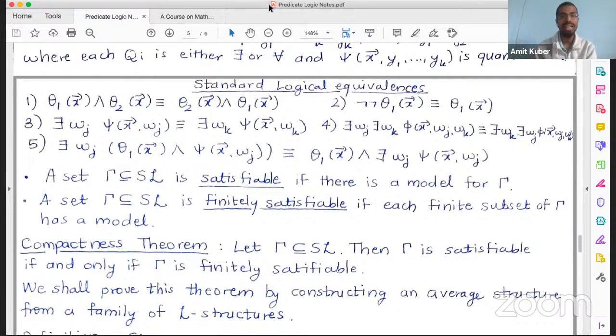Now I will take a diversion from the main lecture, and I will tell you a story at this point. This story is from the 18th century, when Newton and Leibniz were still fighting about getting credit for developing calculus. Do you know what was the original definition of continuity?